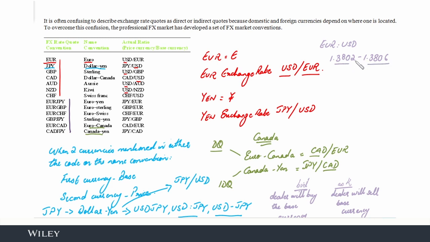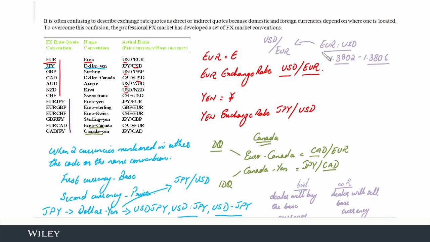But note that these exchange rate quotes represent the price of the base currency. According to this exchange rate quote, euro USD, it means that we're representing the price of euro in terms of US dollars, right?